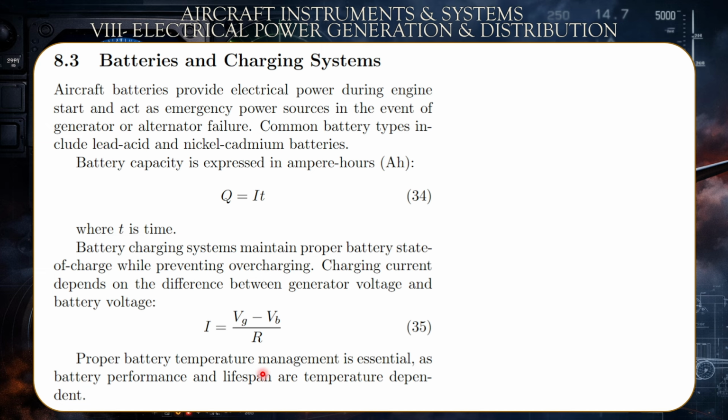Proper battery temperature management is essential in order to avoid an incendiary event, as battery performance and lifespan are temperature dependent. Very important, because when you have an overheat, it would kill and depreciate the batteries rapidly.